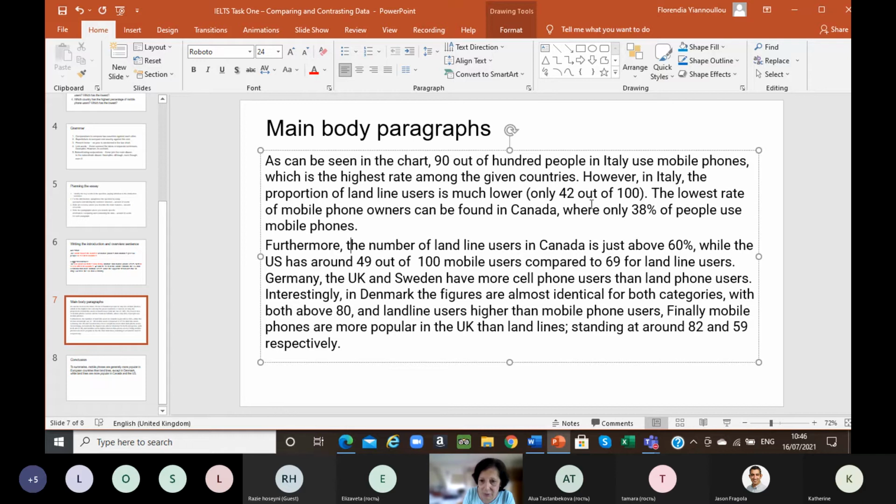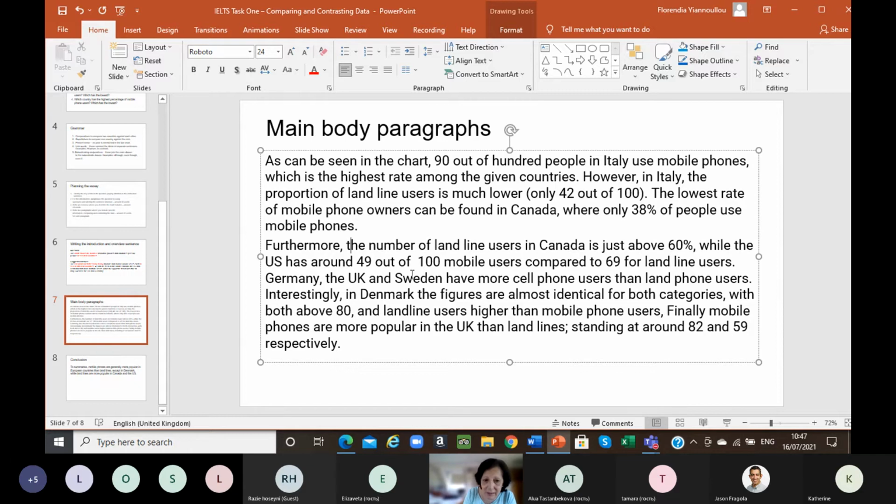So you could put furthermore. So I've got, however, furthermore, the number of landline users in Canada is just above 60%, while, again, there is your contrasting sentence, isn't it? The US has around 49 out of 100 mobile users compared to, so you've got while, compared to, you're comparing and contrasting to 69 for landline users.